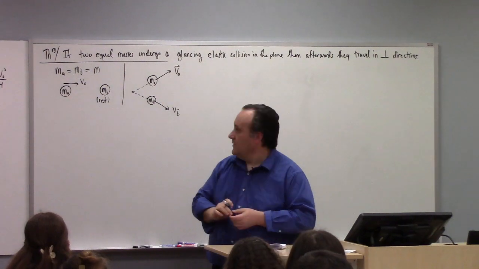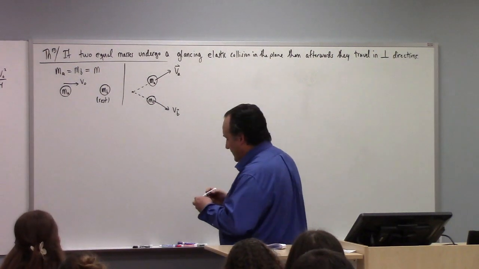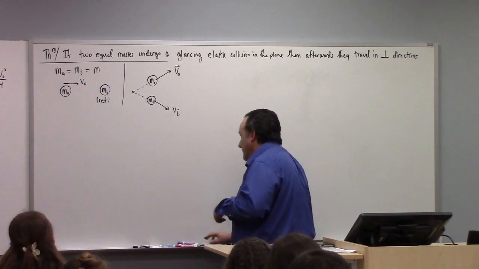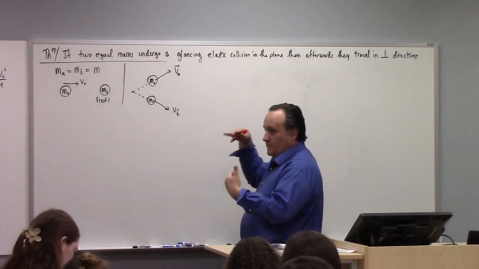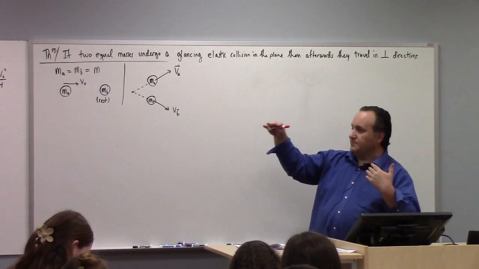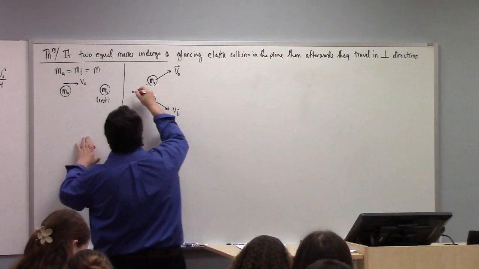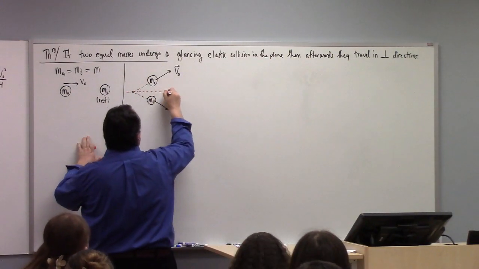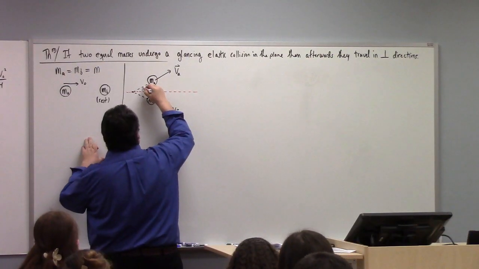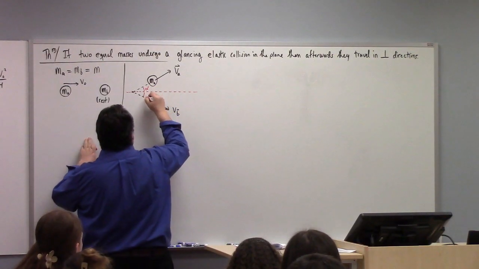And so let me give some names to the angles above and below the horizontal line that cuts through the intersection point. If I draw this horizontal line right here, let's define the angle above to be alpha and the angle below to be beta.